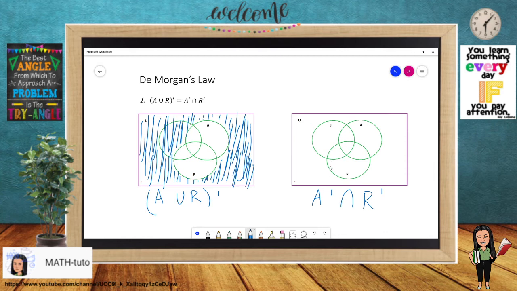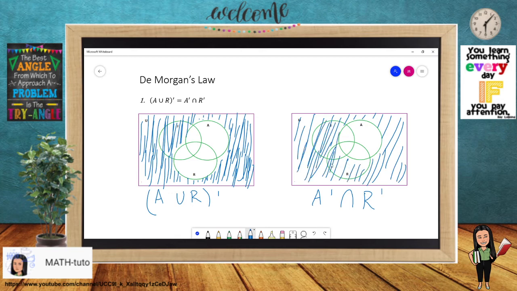Dito naman tayo sa kabila. A prime, we will shade everything except for A. Let's use another one. We will shade everything, another color, I mean. Let's shade everything kasi R, complement of R, so everything in the universal except for R. Lahat naman siya.